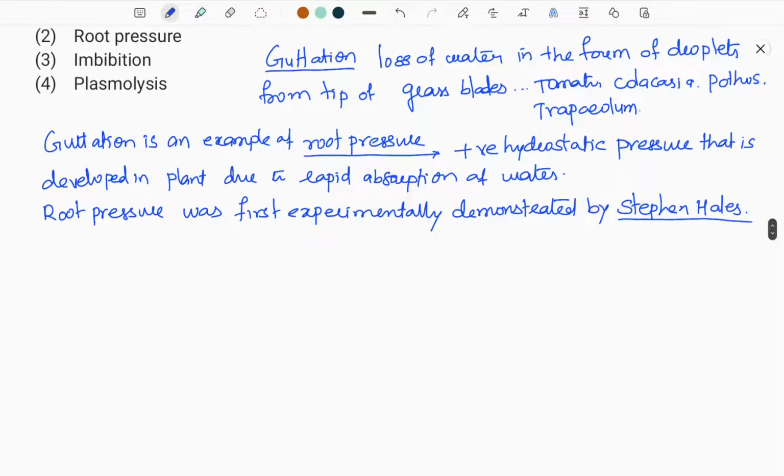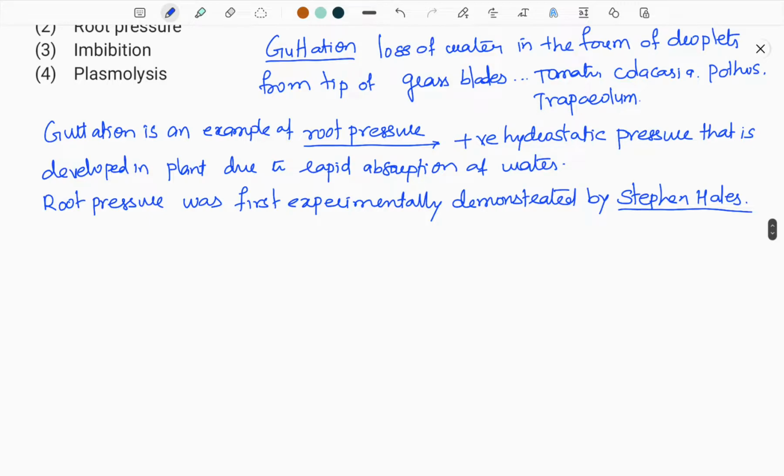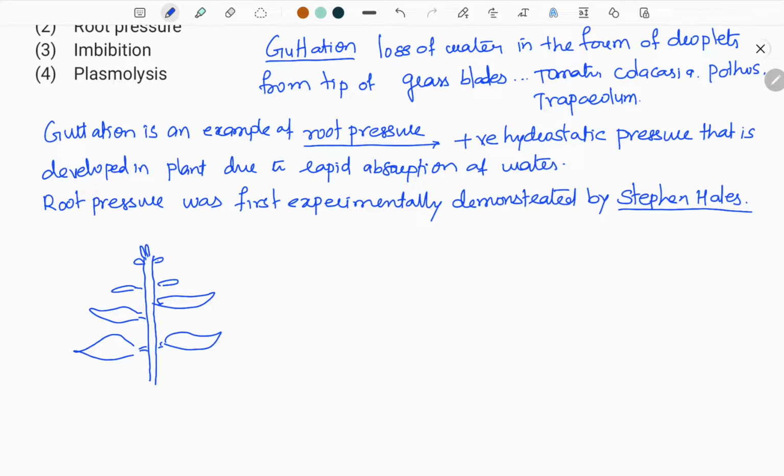Say, for example, let's take a potted plant. Let us suppose this is a small plant, having beautiful leaves. It is having buds like the apical bud, small leaves, and this is the pot.